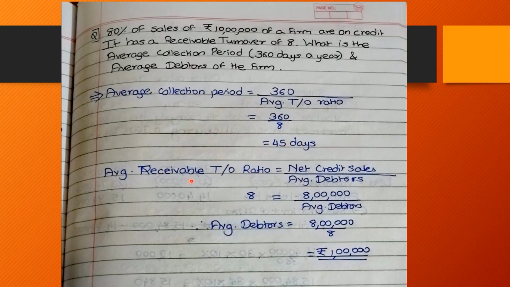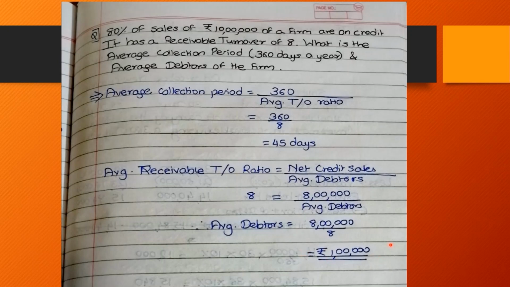Now the average turnover ratio formula is what? Net credit sales upon average debtors. So we have the average turnover ratio, we have net credit sales. What we don't have is average debtors. So average debtors goes over here, 8 comes in the denominator, and the average debtors amount is 1 lakh. So it's very easy.